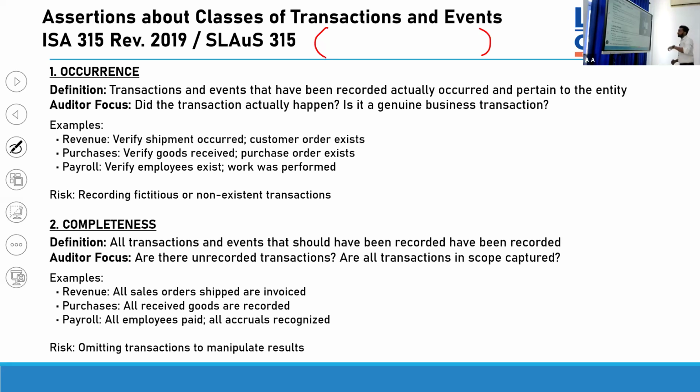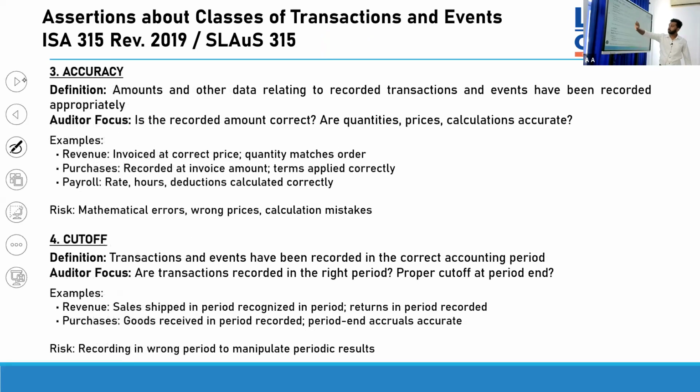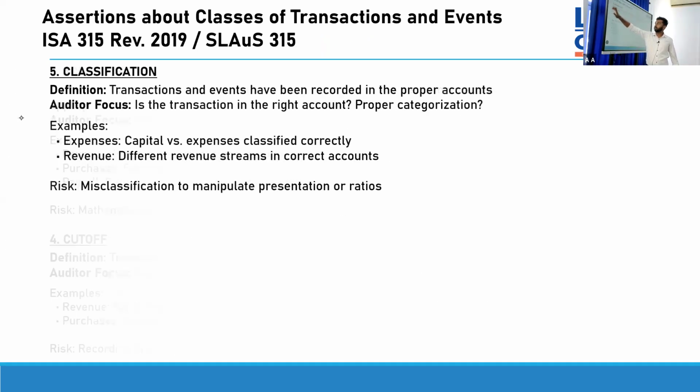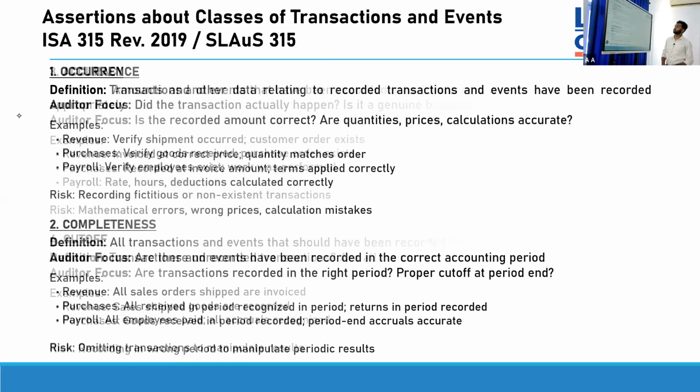For what purpose do we use these assertions? In order to prepare the statement of profit or loss. No one is answering. So under this, there are five assertions.